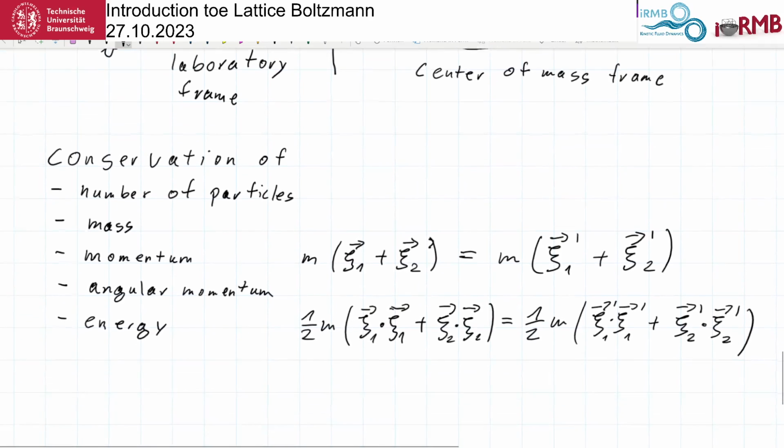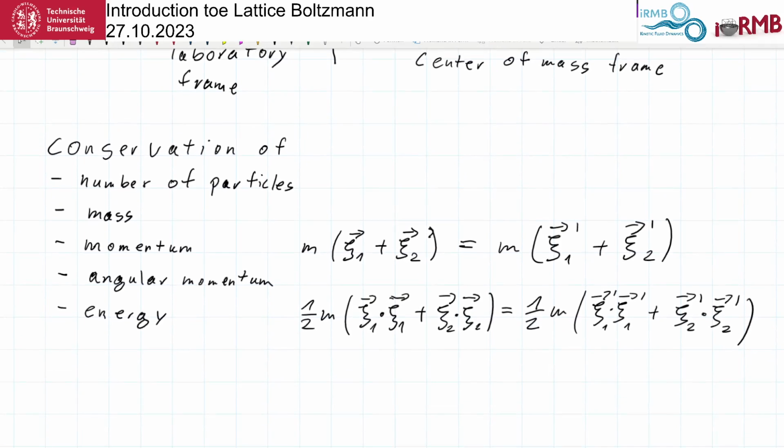So now comes the ingenuity of Boltzmann with what in the Anglo-Saxon world is called molecular chaos. It's a funny thing because Boltzmann, of course, did not call it like this.